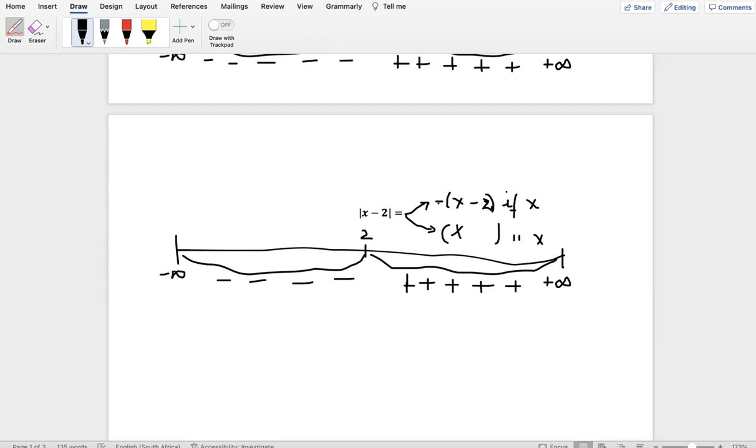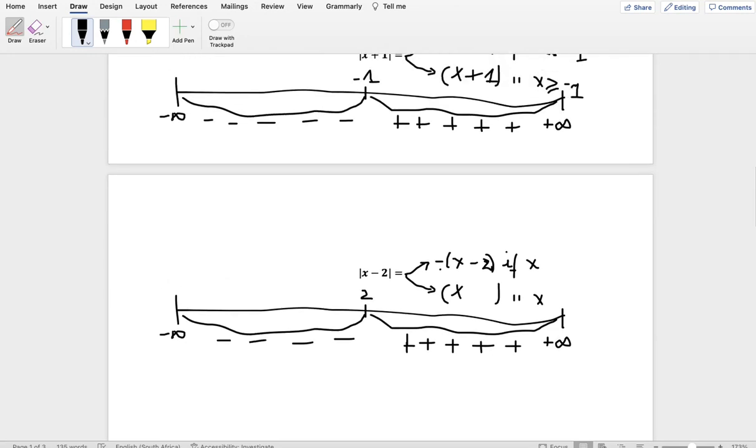You just put the negative sign in front of it, and negative times negative becomes positive. Because x minus 2 is positive for any value of x greater than or equal to 2, it will just be equal to the same. You don't have to put the negative sign again because it's already positive. Now we have less than 2.